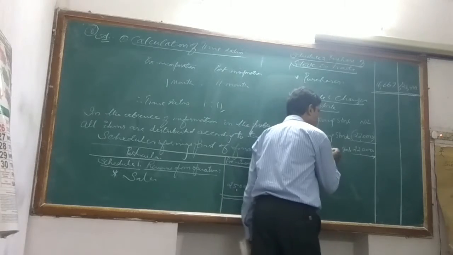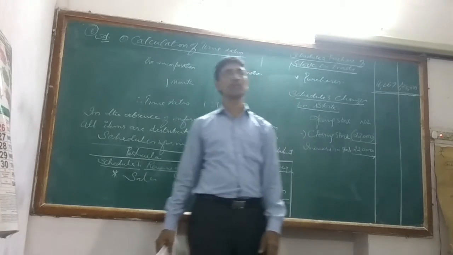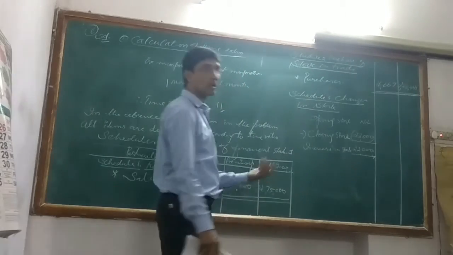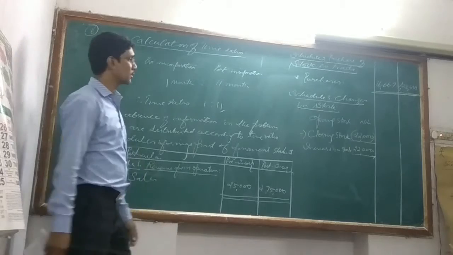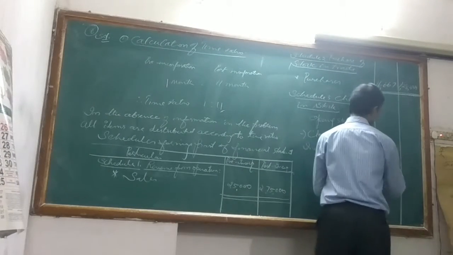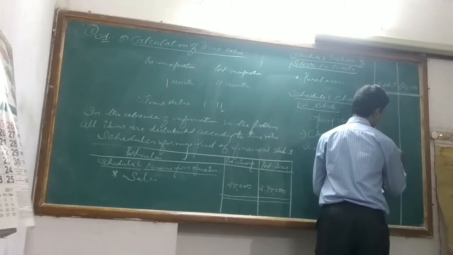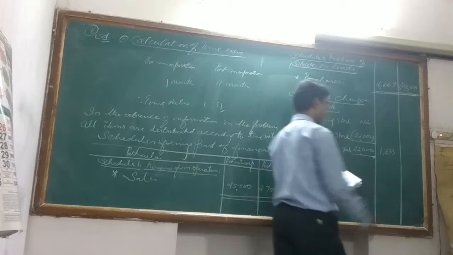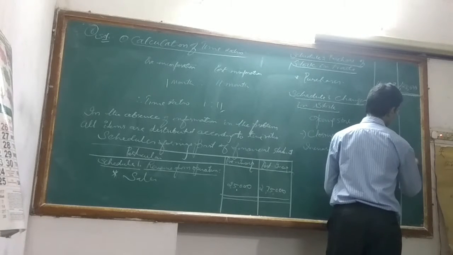This increase in stock we need to divide between pre and post incorporation period based on this ratio. Tell me how much? 22,000 into 1 by 12 is 1,833. The next is 20,167.